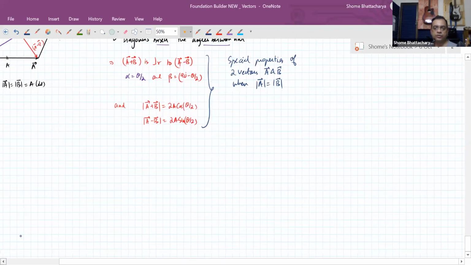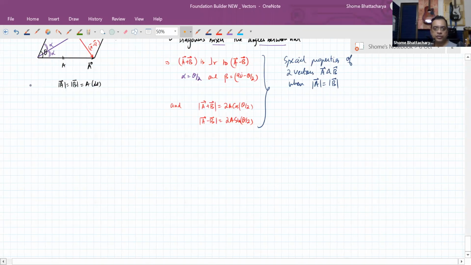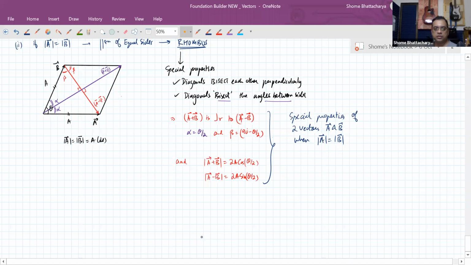So that's also going to come from the geometry of that rhombus only. We'll be able to figure this out in the geometry of the rhombus. So I'll show it to you. Just note it down first.